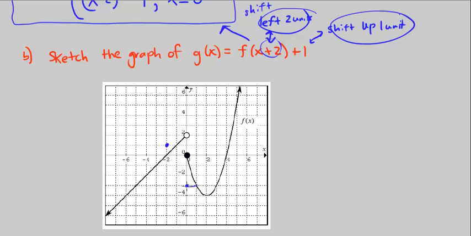All these points are moving left 2, up 1, left 2, up 1. So here is the parabola shape taking shape here. This is what it's going to look like.